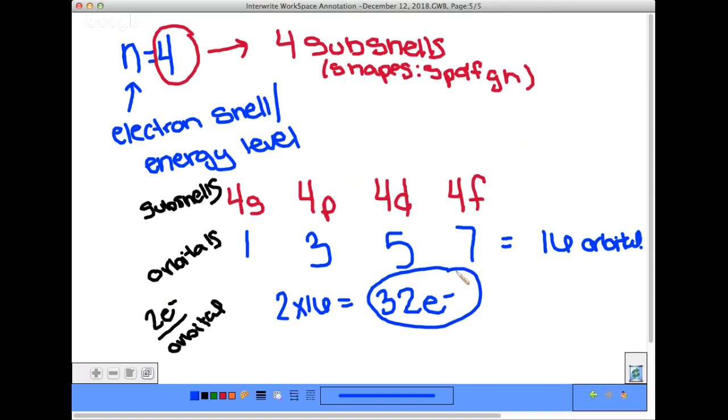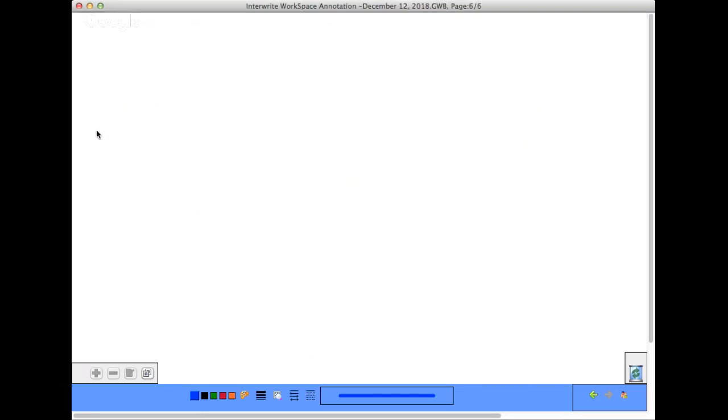Let's see what else. Electron affinity. Okay, let's look at electron affinity. Electron affinity is the energy released when an electron is gained by a neutral atom.